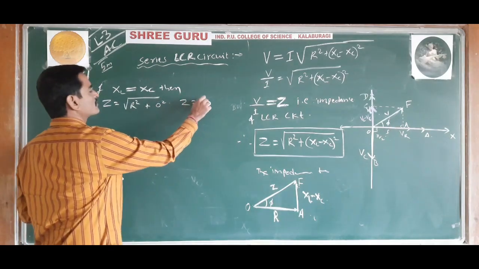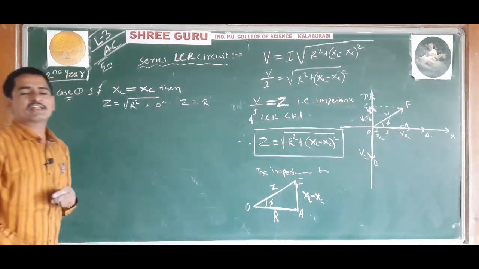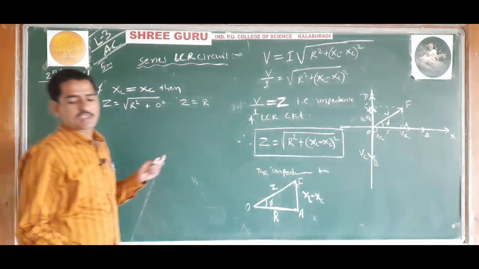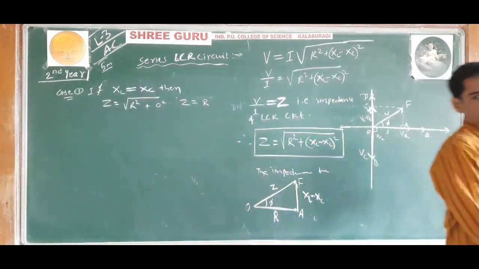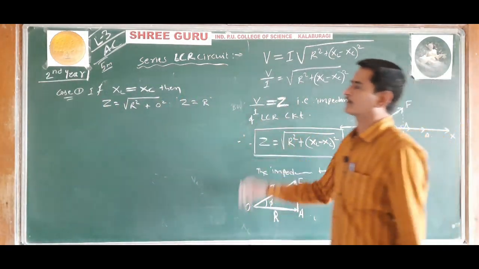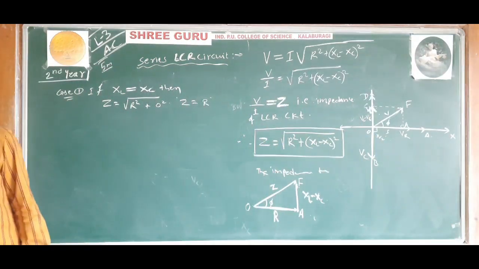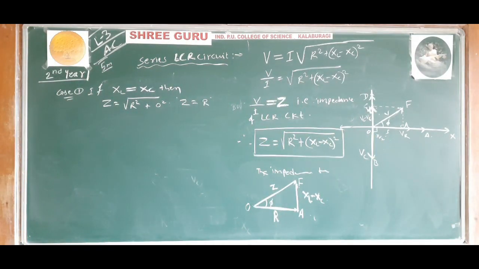So therefore Z is equal to R. That is the impedance of LCR circuit will be same as that of resistance. So it can be called as pure resistive circuit.